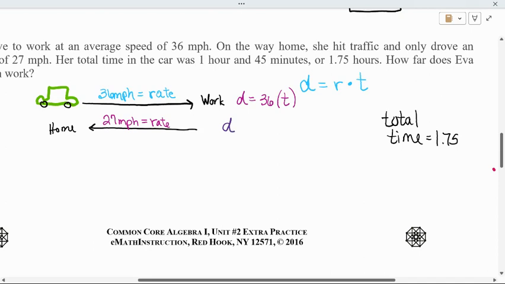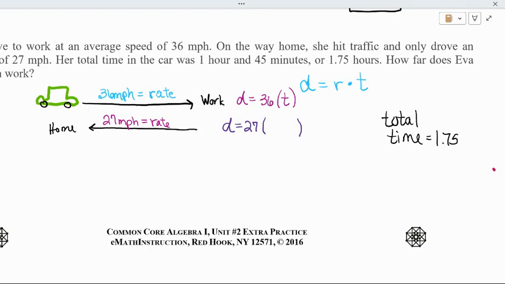Well, her distance equals her rate, 27, multiplied by, we don't know how long she drove to work. We don't know how long it took her to get home, but we know that the total trip there and back is an hour and 45 minutes.